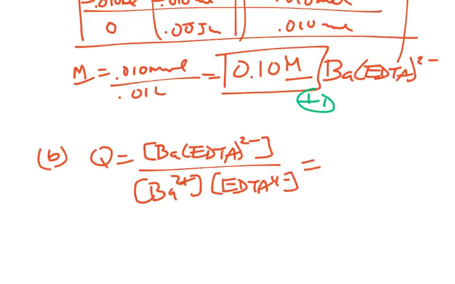Okay, and that equals some value of K. But what we're going to do is say, well, they're going to dilute it down to 1/10. So it's really 1/10 of this over 1/10 of this and 1/10 of this.